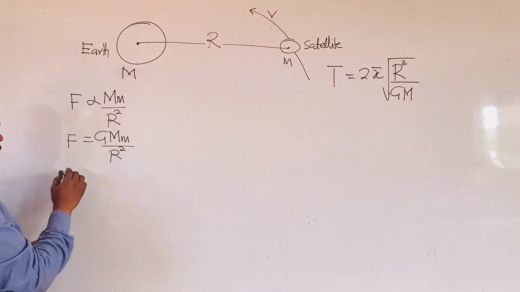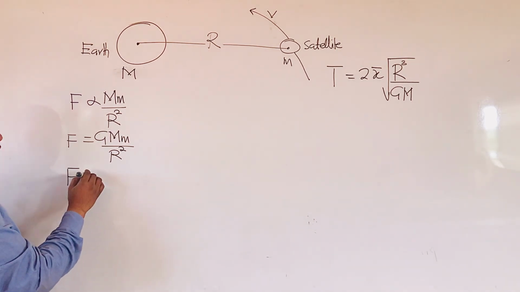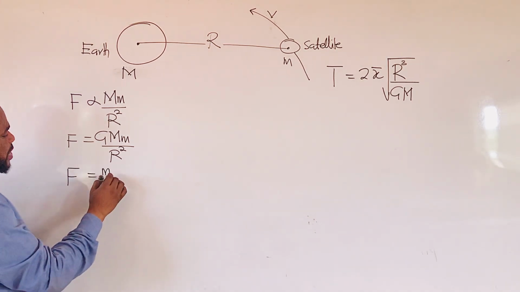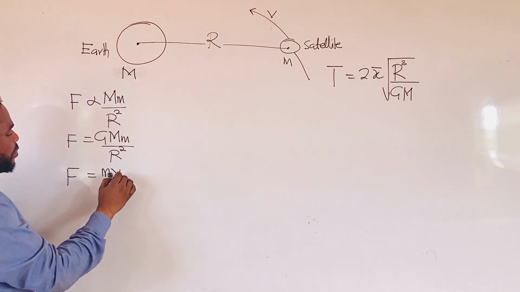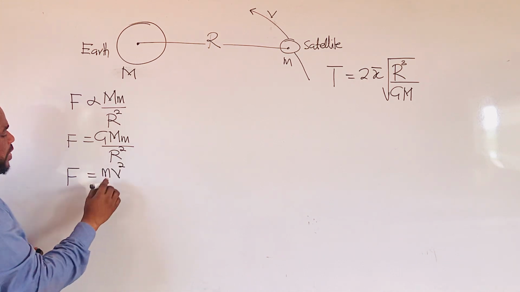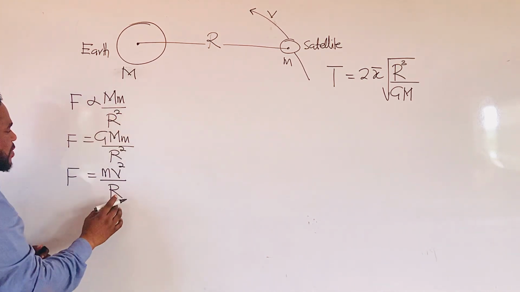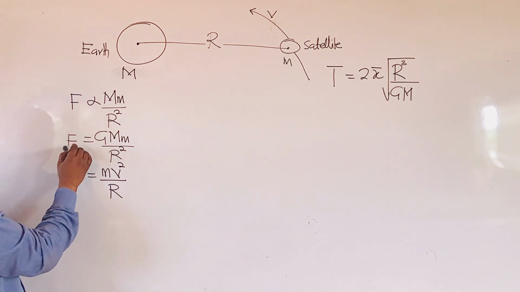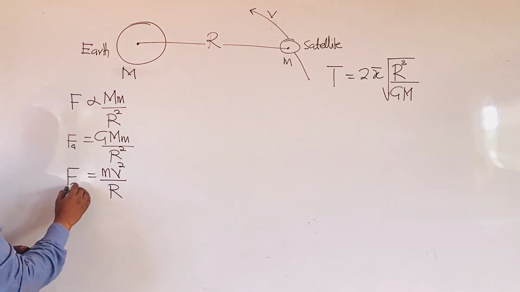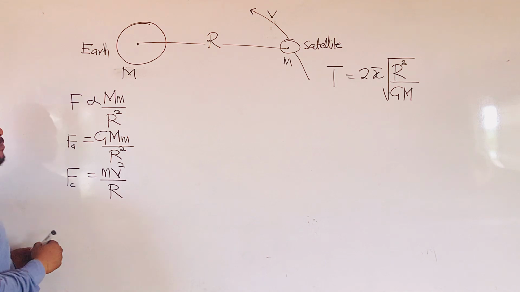And mathematically, our centripetal force is equal to the mass of the satellite multiplied by the velocity squared divided by the distance, which is r. So this is the universal gravitational force, and this is the centripetal force.